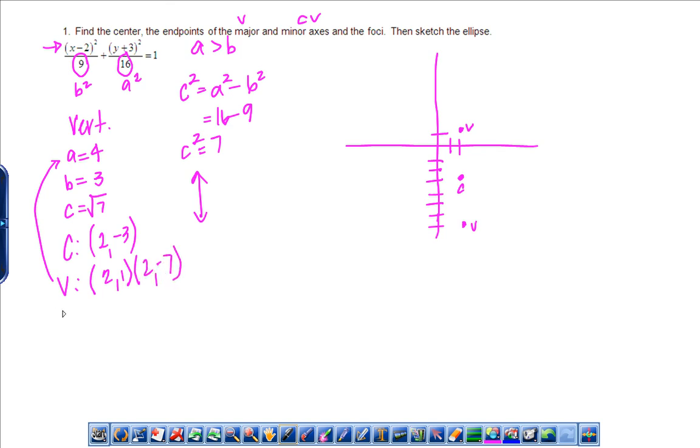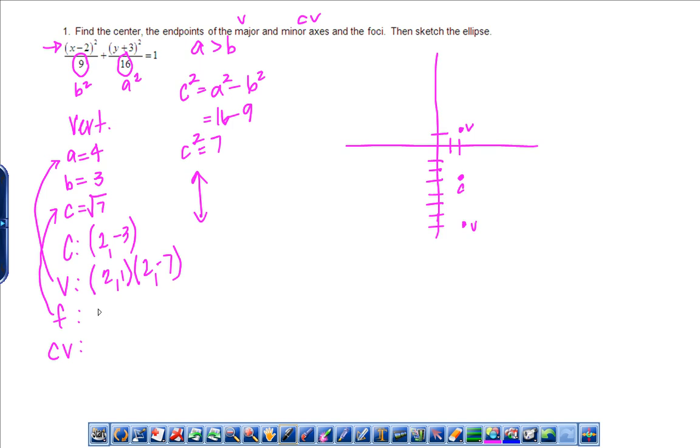Okay, from here you can do vertex or co-vertex, it doesn't matter. I do know, since this is vertical, that my vertex and my foci are going to be the same direction. So my foci is my C, and I really don't know what 7 is, root 7, but I know that it's going to be less, or it's going to be inside my vertex.